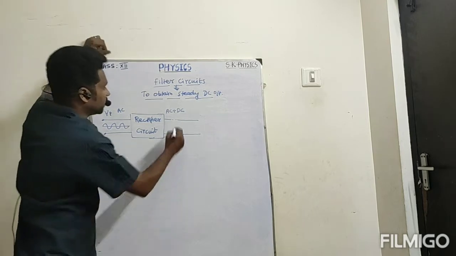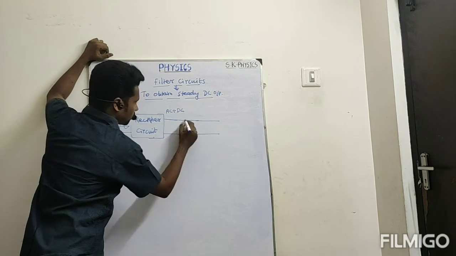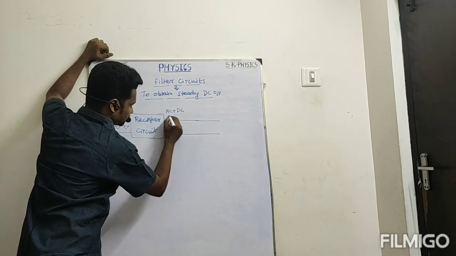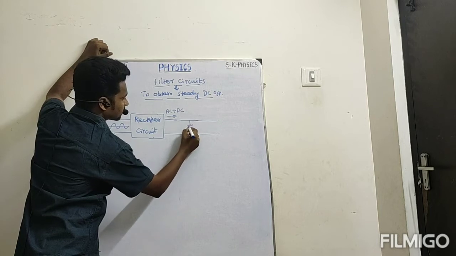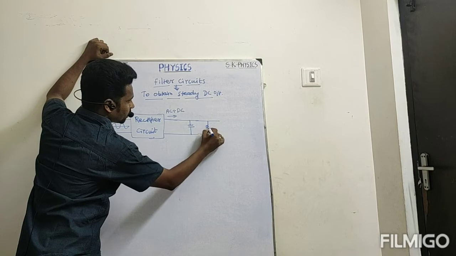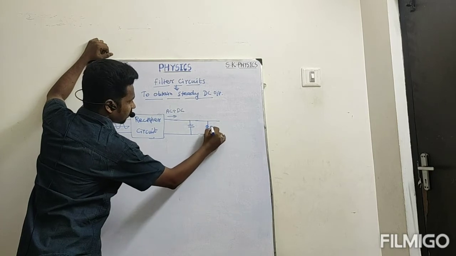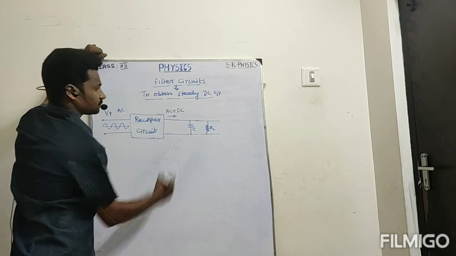So now we are using one capacitor. So this is the actual output. We are using one capacitor here. It should be in parallel with the load resistance.